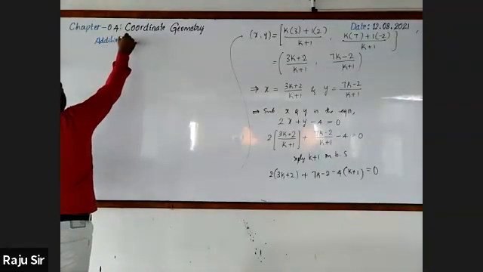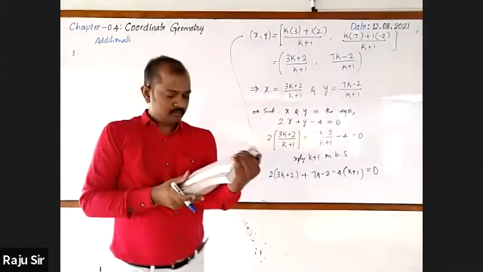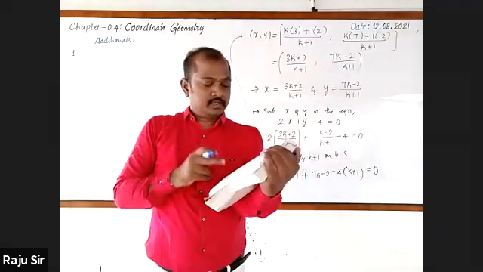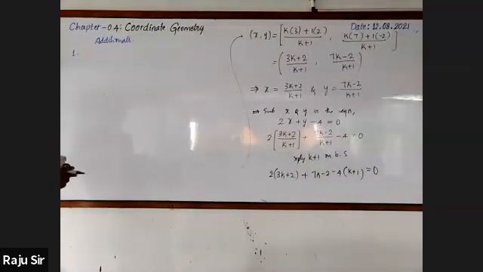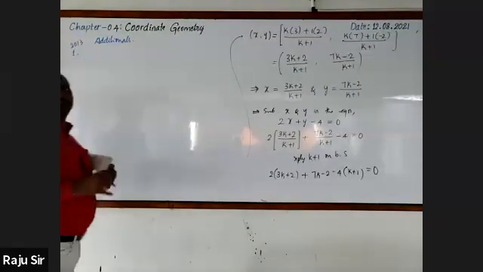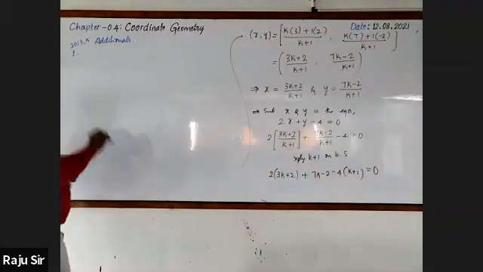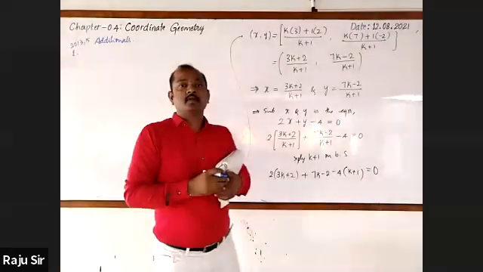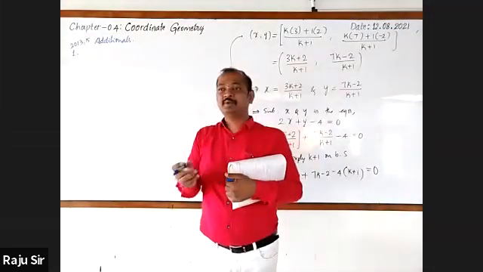That first one was given in the year 2013, 2013, 2015, 17, 19, and not given yet. Probably 21 they may give.